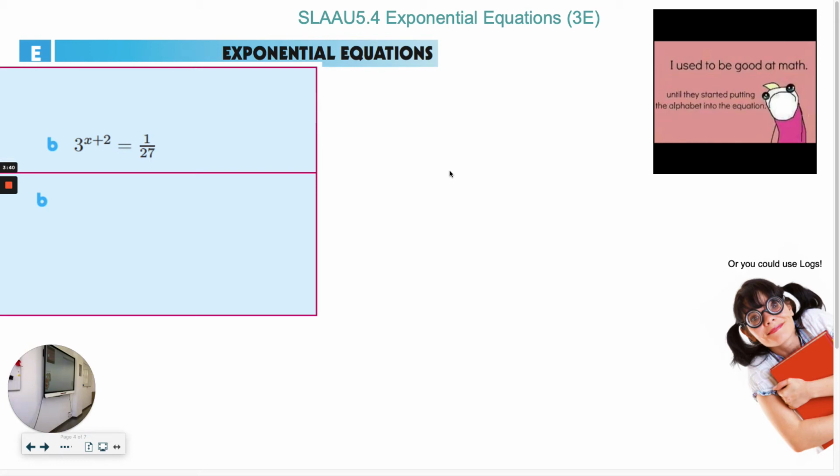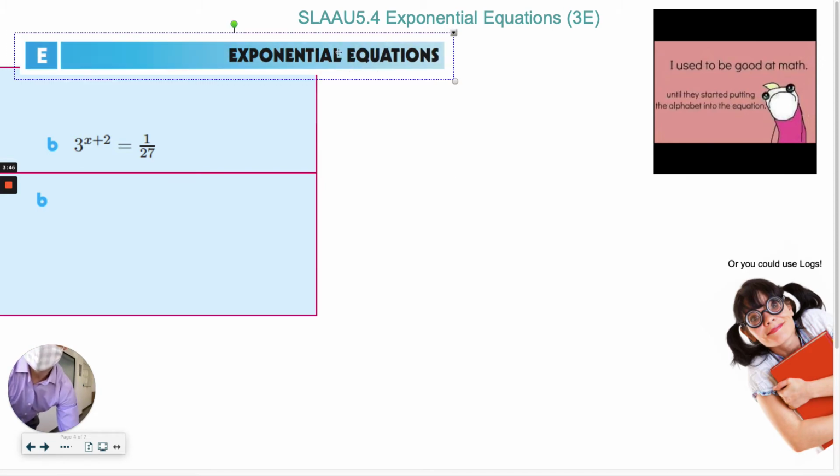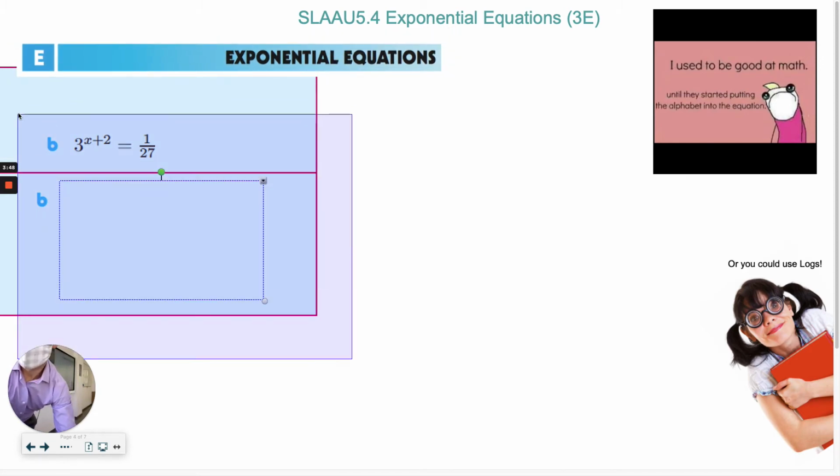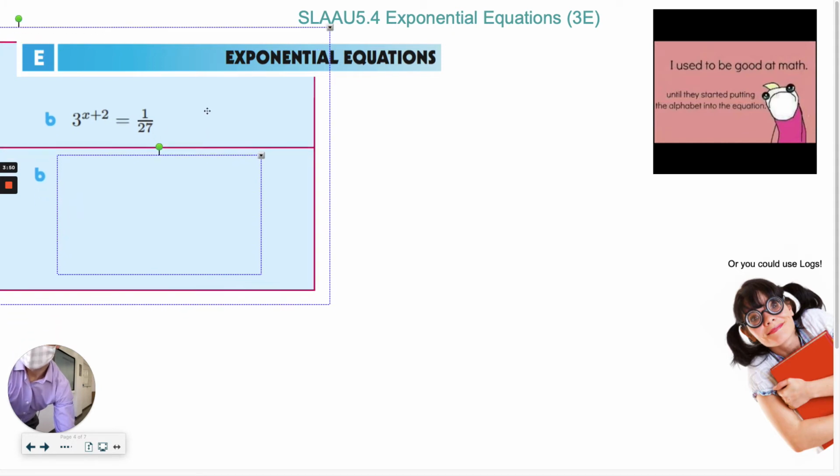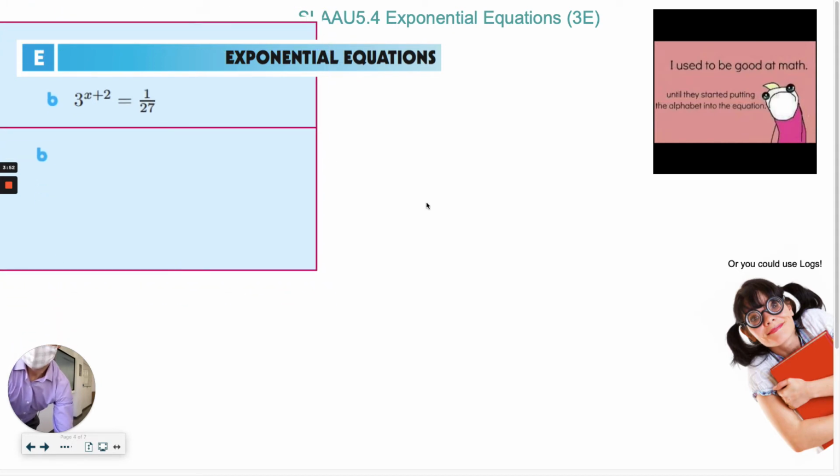Look at that thing with your nerd goggles on and find the 3, the base 3 in there. x plus 2 equals.